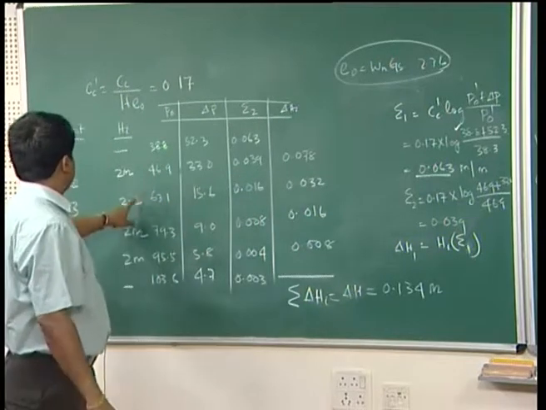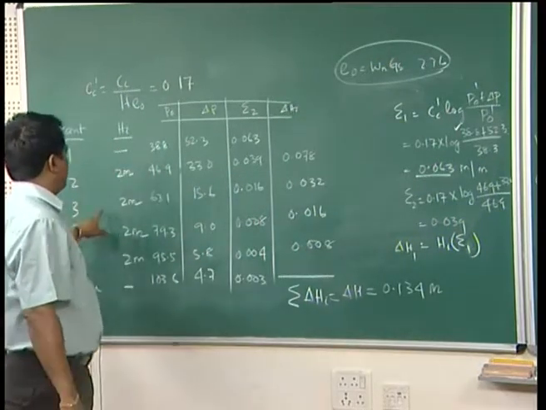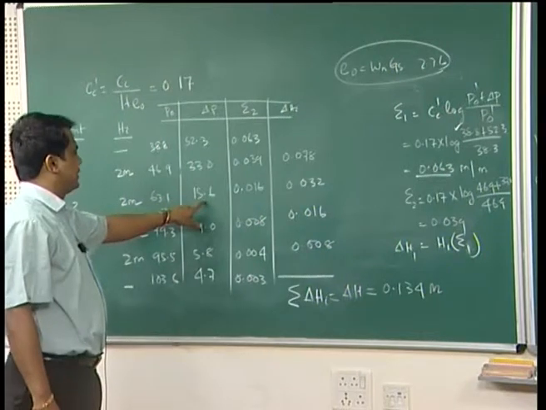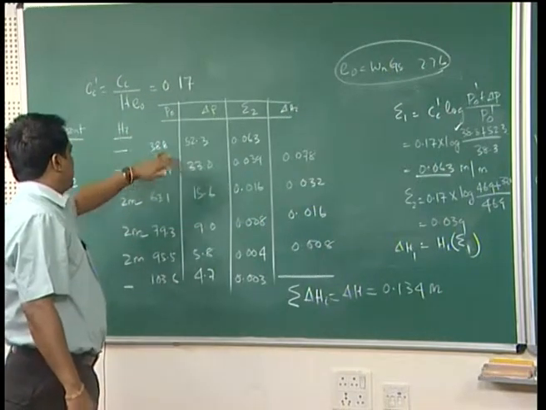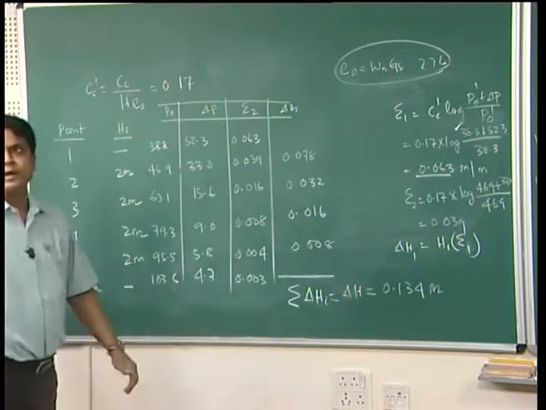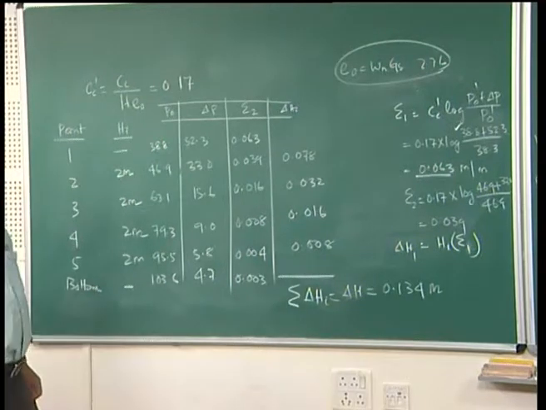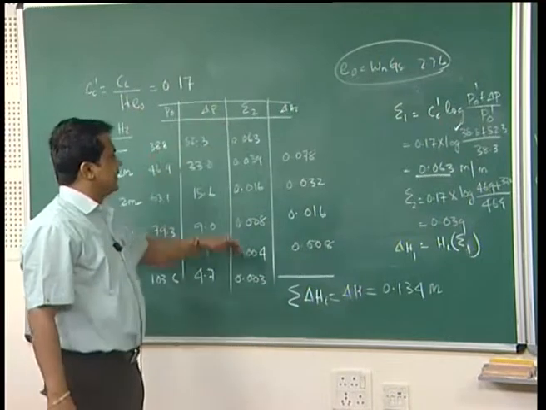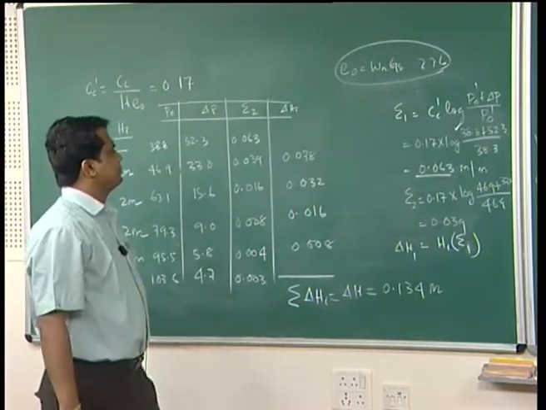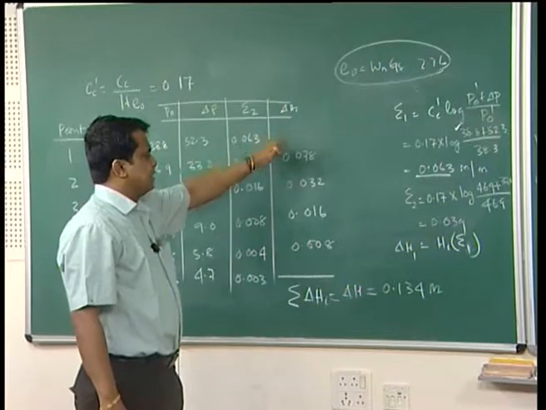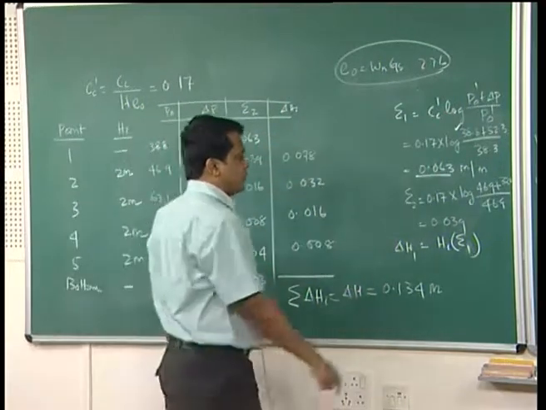Then similarly your point 3, 2 meter, 63.1, 15.6. You calculate P0 and delta P one by one. Then once you calculate P0 and delta P, you calculate your strain, then find out the settlement. The settlement is nothing but your H1 into your strain.